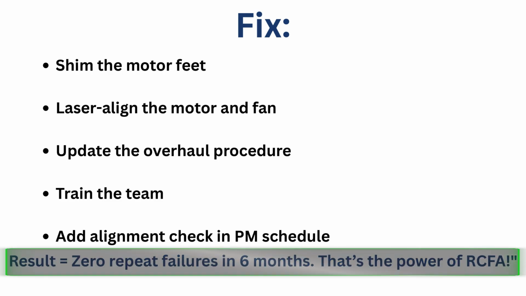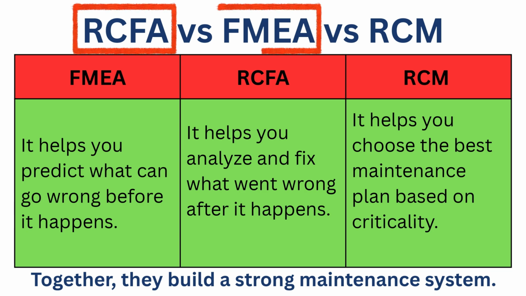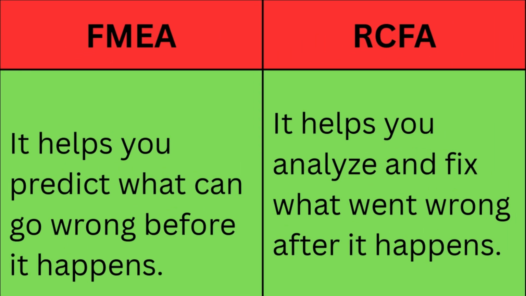So now let's do one thing. Let's compare RCFA versus FMEA versus RCM. In our last videos, we have already discussed RCM and FMEA, and today we are discussing RCFA. What we discussed in the last video about FMEA is that FMEA helps us predict what can go wrong before it happens.